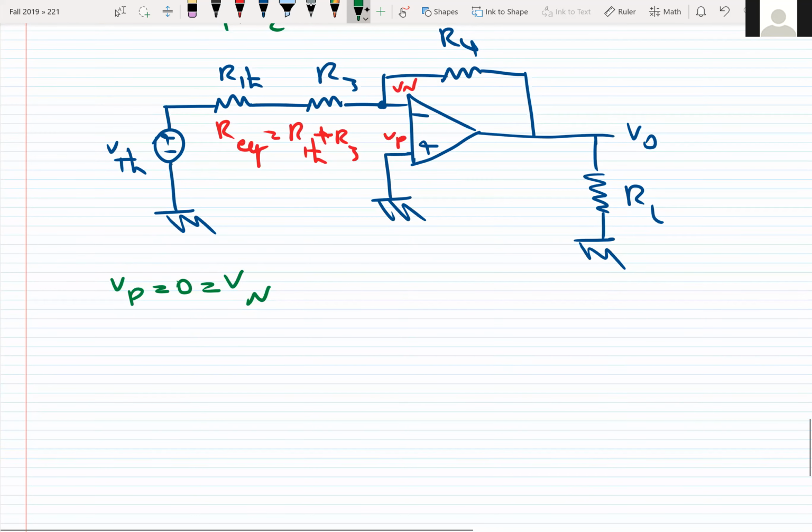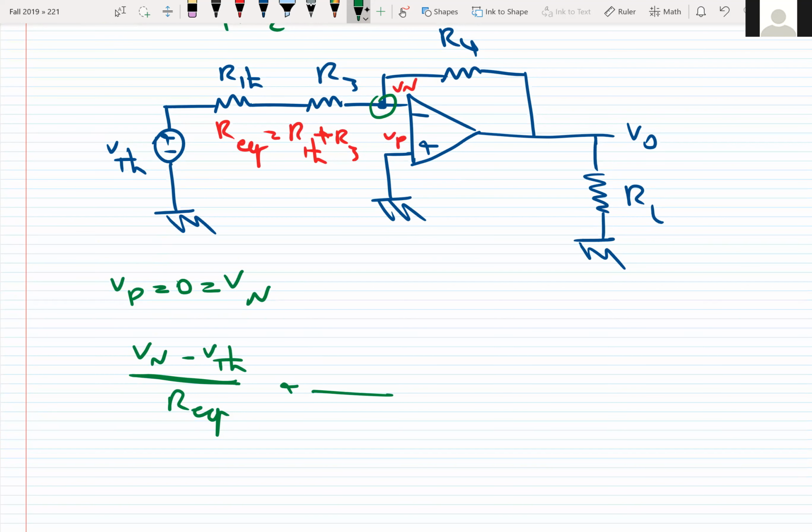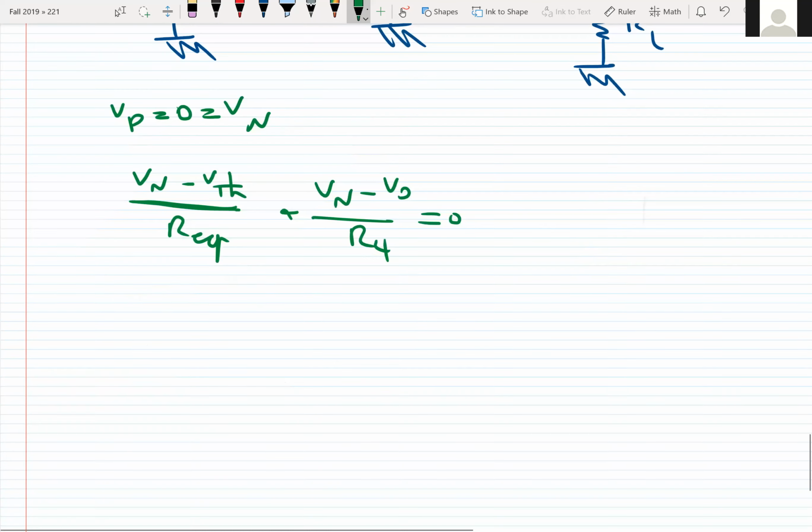Now we can write the node analysis for this node. Vn minus V Thevenin over R equivalent plus Vn minus Vo over R4 is equal to 0.